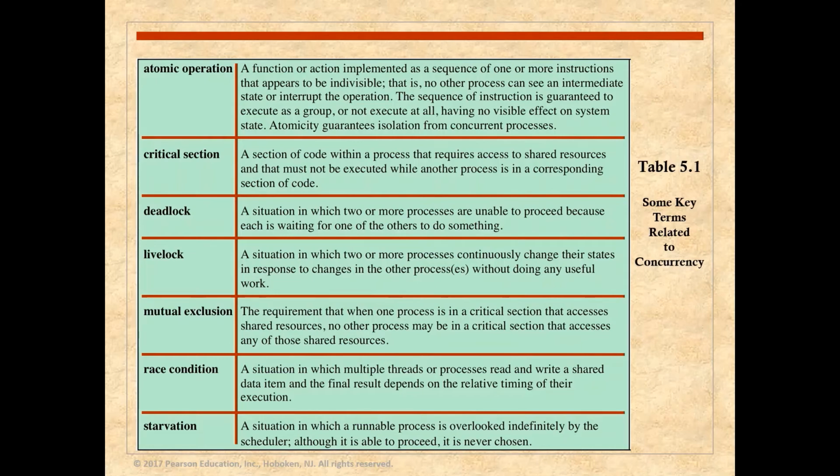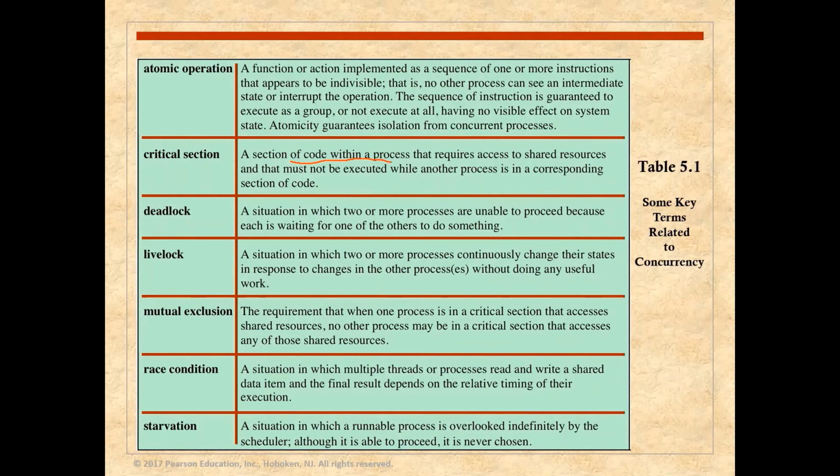The second one is critical section. Critical section is related to the critical resource. So we are sharing those resources and also the source code. If we refer to this table, it shows that a critical section is a section of code within a process that requires access to shared resources.